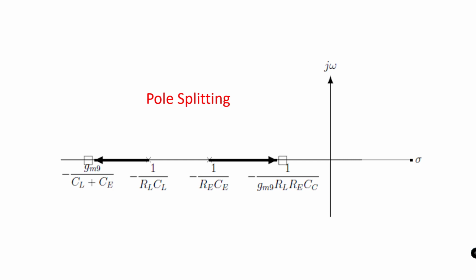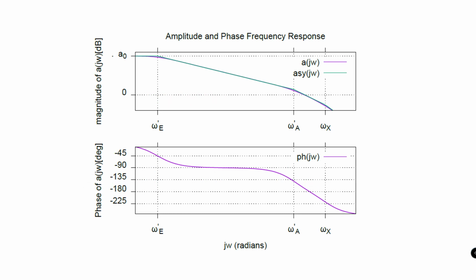Now let us see the frequency response and see how this pole splitting behavior is superior to our previous compensation technique, where we only moved our dominant pole towards the origin. As you could note, our non-dominant pole is almost closer to omega GX, or gain crossover frequency, making this system more stable.